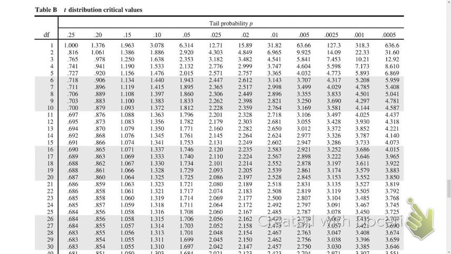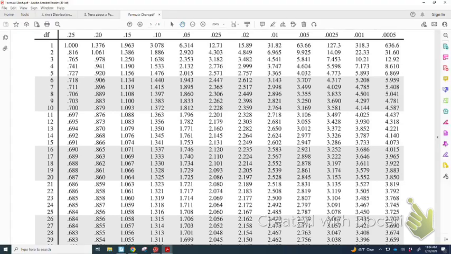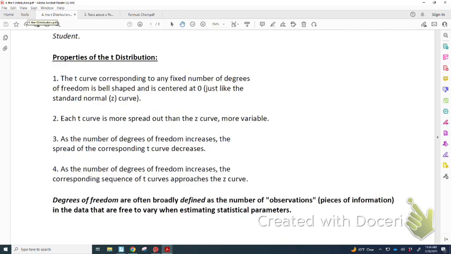So back to our notes. As the number of degrees of freedom increases, it is approaching the Z curve. So degrees of freedom is this thing that's defined in that bold statement at the very bottom.